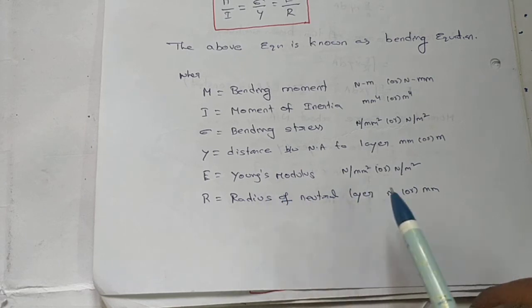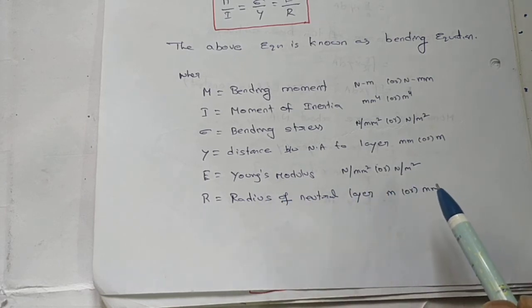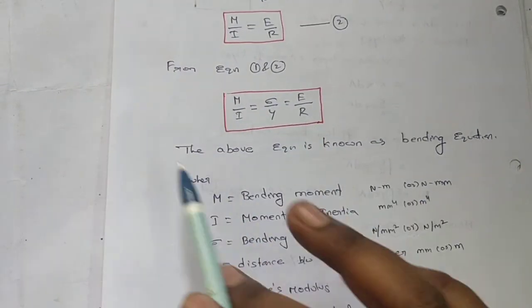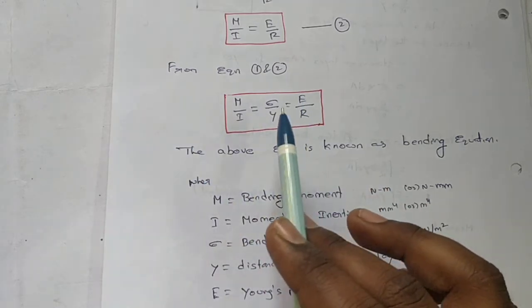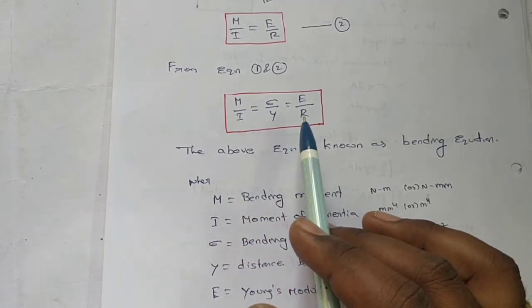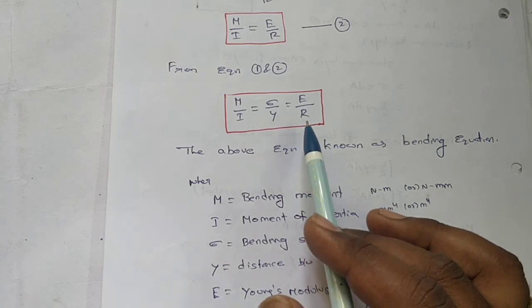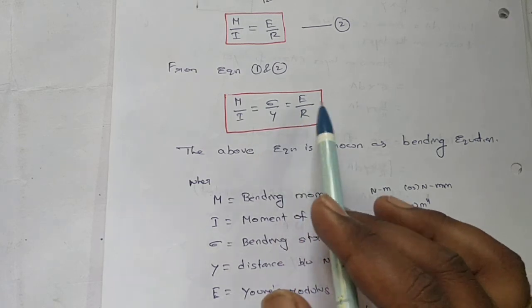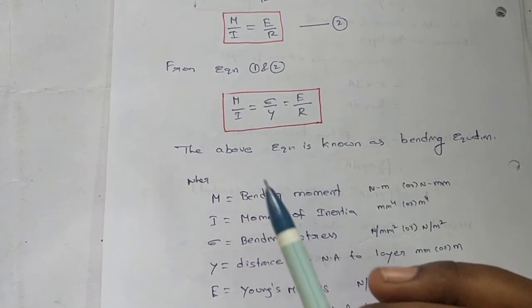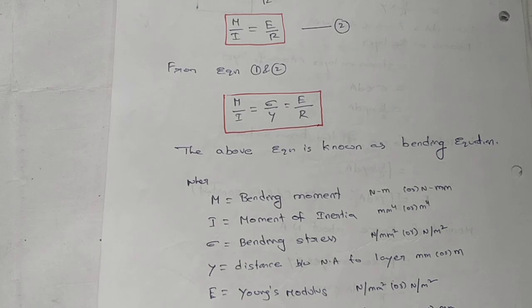E is Young's modulus, in Newton per mm square or Newton per meter square, and R is the radius of the neutral layer, in meter or millimeter. This is the bending equation. By using this equation, we can calculate the bending stress, bending moment, radius value and Young's modulus, whatever it may be. Mainly we calculate the bending stress. Okay, thanks for watching.